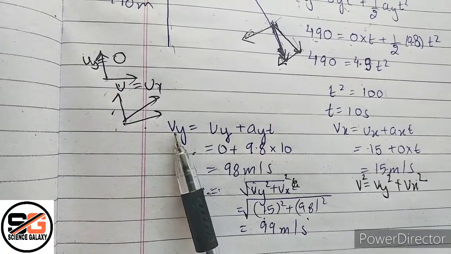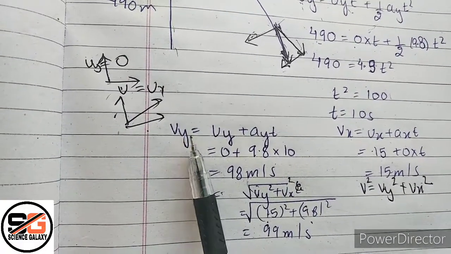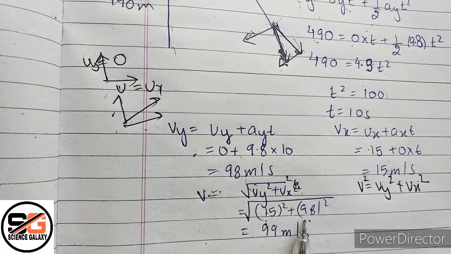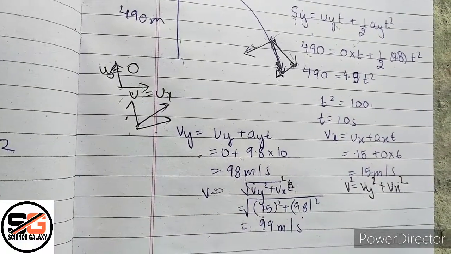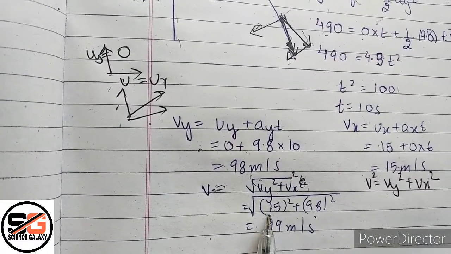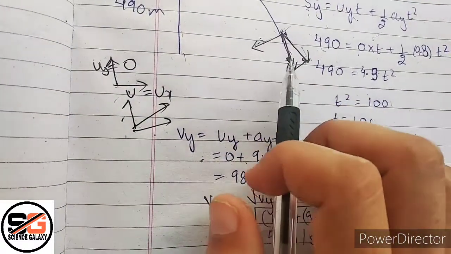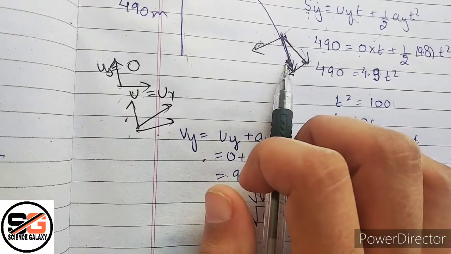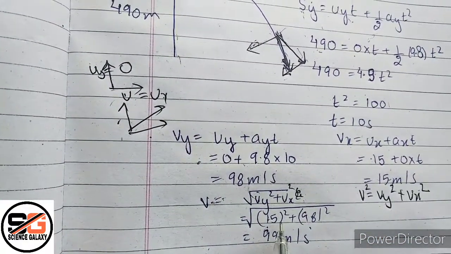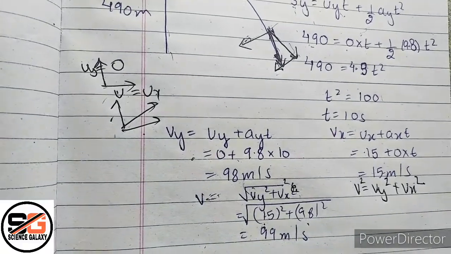Vy, initially in the y-axis velocity was 0, and now it had become 98 meters per second. From this we can find out the resultant velocity when it has just reached the ground, which is 99 meters per second.